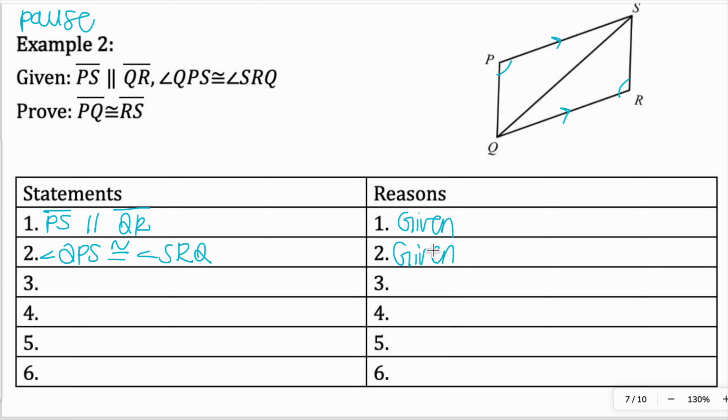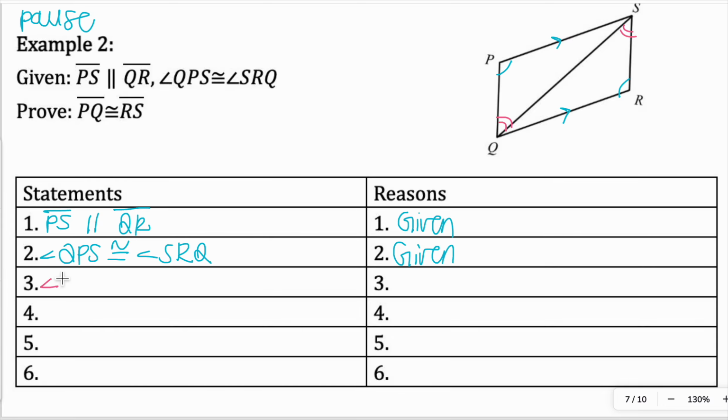Now, when we get into parallel lines, there are a lot of different options we can use to show what's equivalent and what is not. So keep in mind, you might have tried this one a little differently than me, but you should still be able to prove that those two triangles are congruent. I went with angle PQS and angle RSQ, and I said that those are congruent.